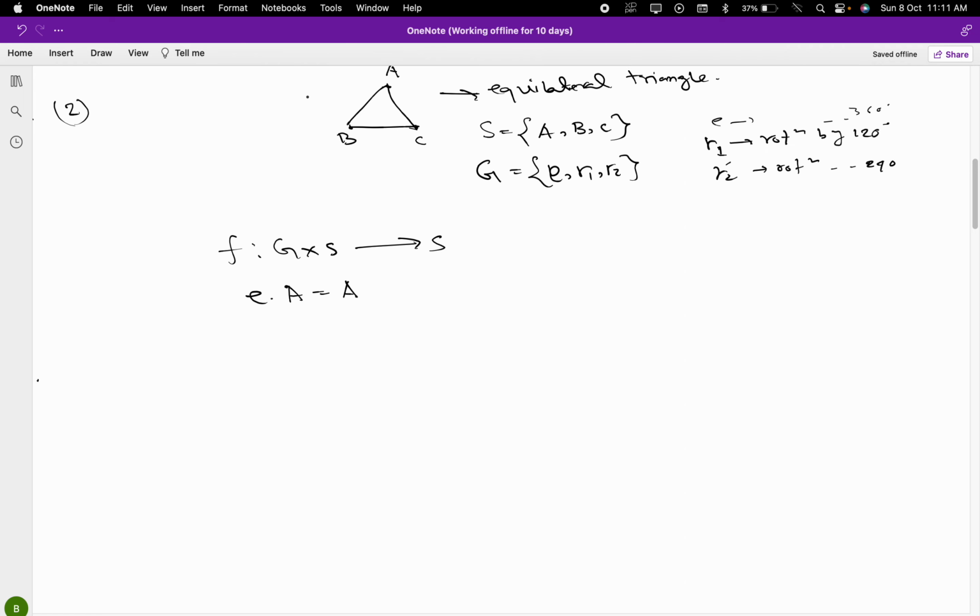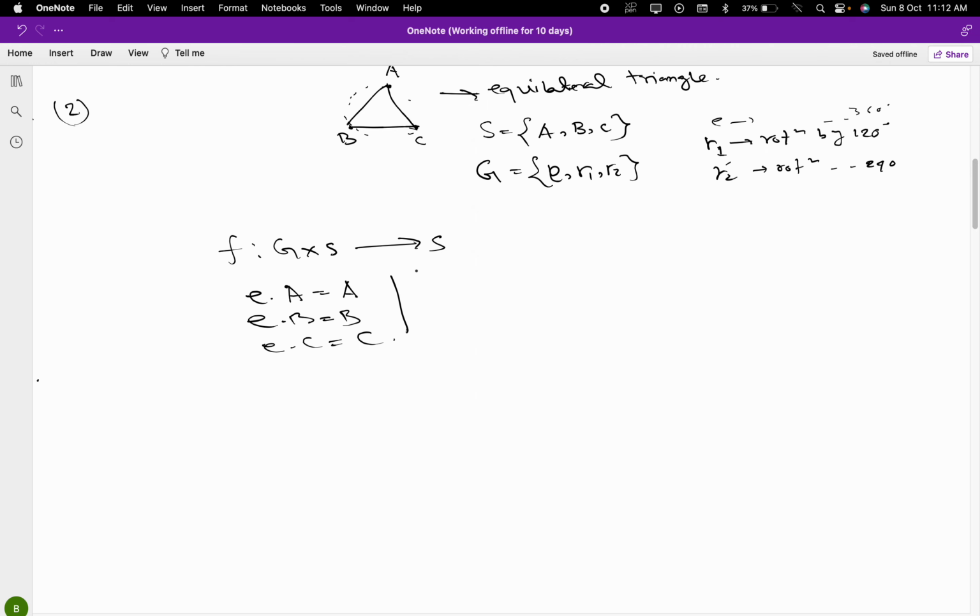The vertex A, you just rotate it by 360 degrees, it will remain A. Clockwise or anti-clockwise does not matter, it will remain the same, right? So identity of A gives A, identity of B will give you B, and identity of C will give you C, right?